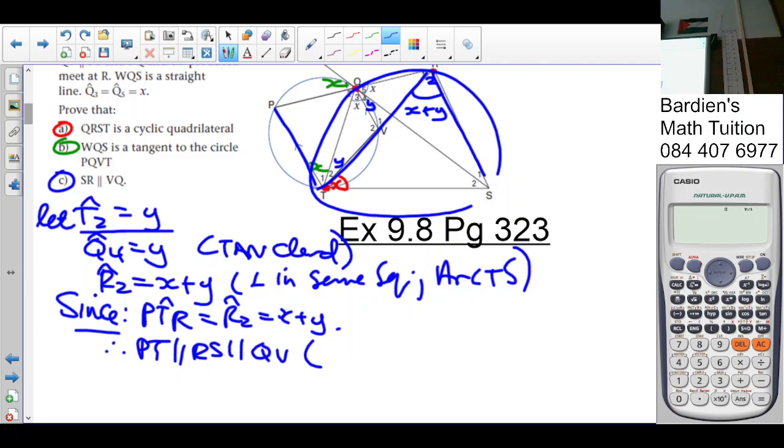Why? Because alternate angles are equal. Right? Any confusion here?